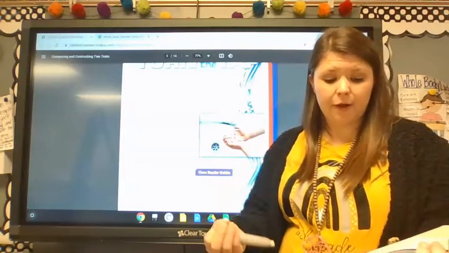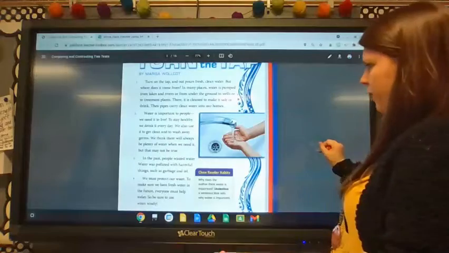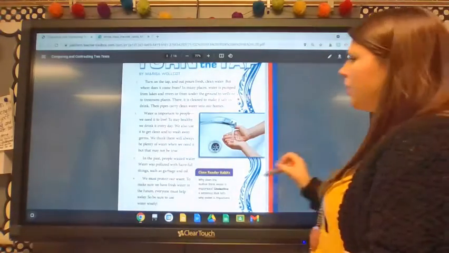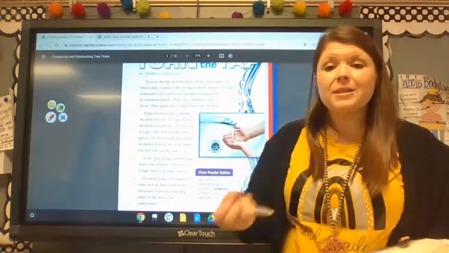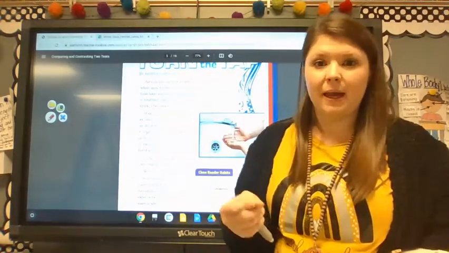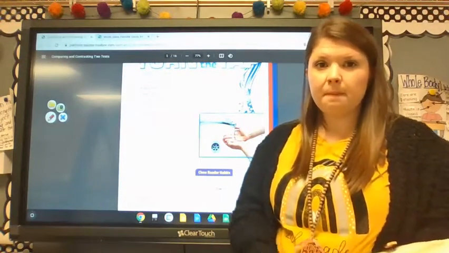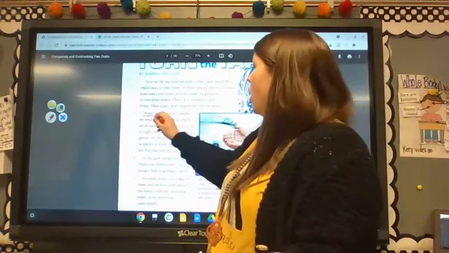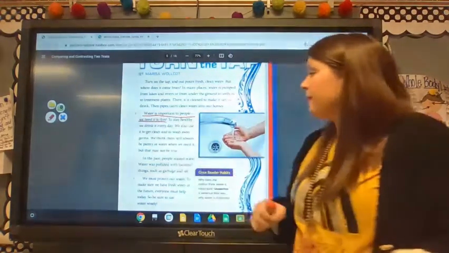So why does the author think that water is important? We read about some important reasons in paragraph number 2, but remember, we need to find that important point. What is the most important point made in paragraph number 2? Yes, you're right. Water is important to people. Why? We need it to live.